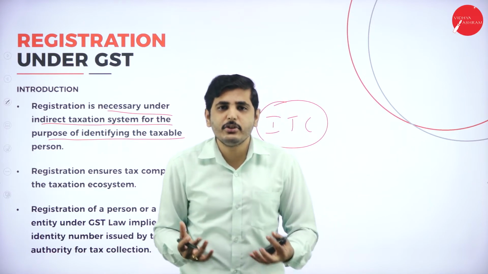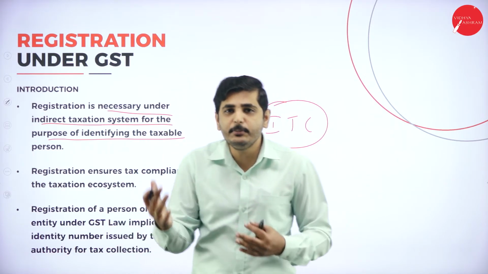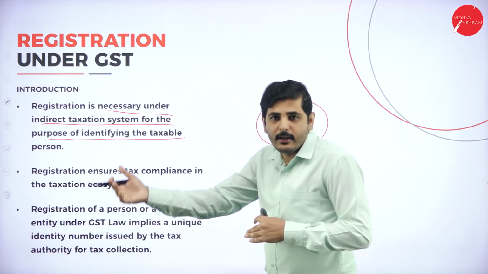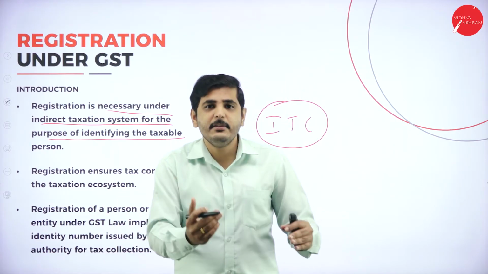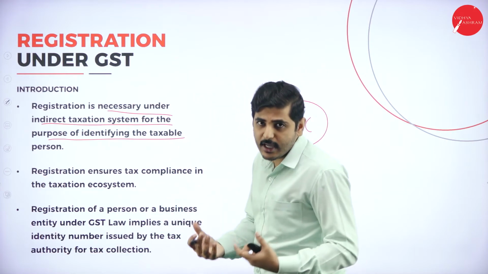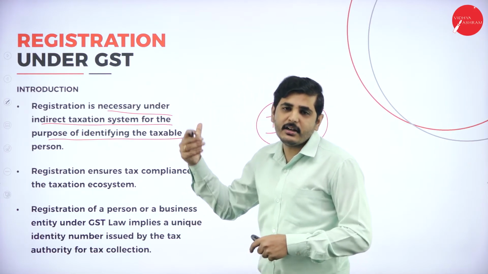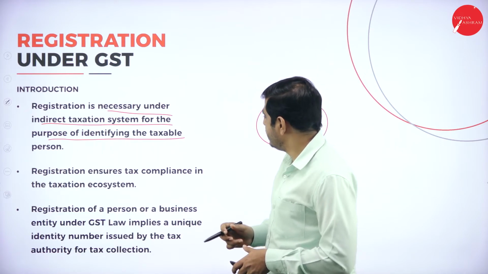The tax authority will provide the input tax credit to the registered person on the basis of all the information provided. So in order to get the input tax credit, we have to get registered under the Indirect Tax or GST Act.